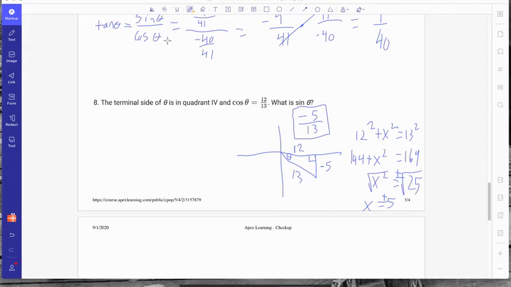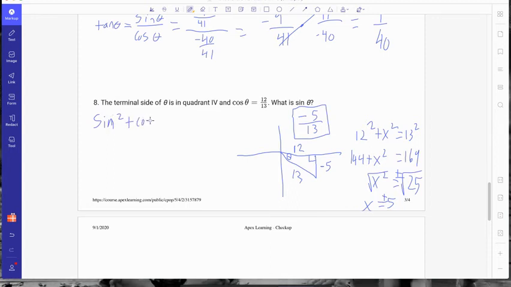Another thing that we could do is use the identity sine squared theta plus cosine squared theta is equal to 1.